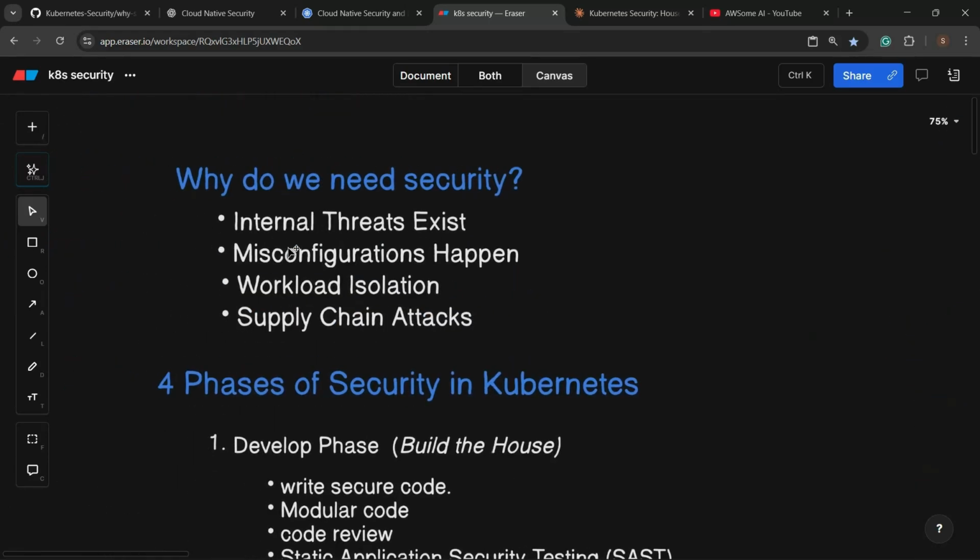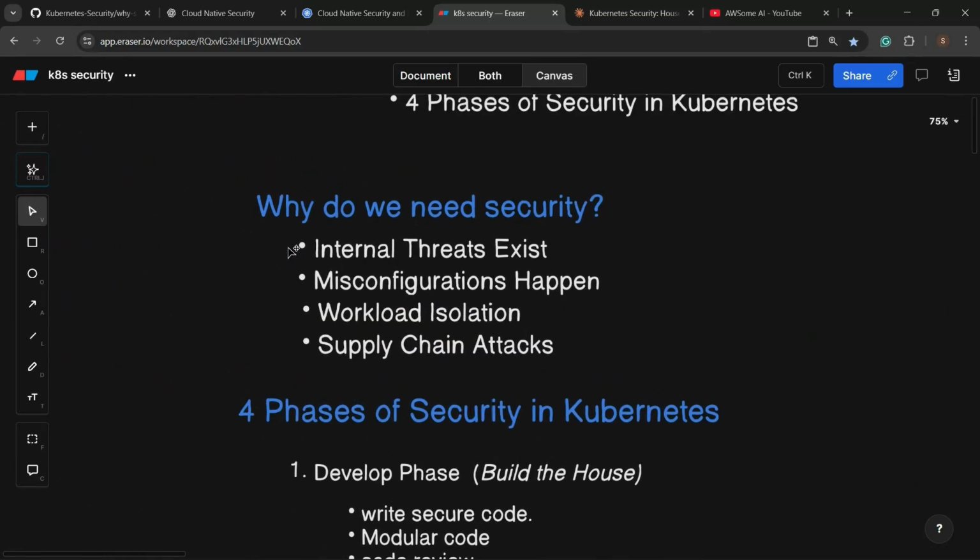Talking about the actual points: internal threats exist, meaning knowingly or unknowingly, organization people can do some tasks that they are not allowed to do. Misconfigurations can happen. Workload isolation: inside a single cluster there could be multiple teams working, like dev, QA, and prod.